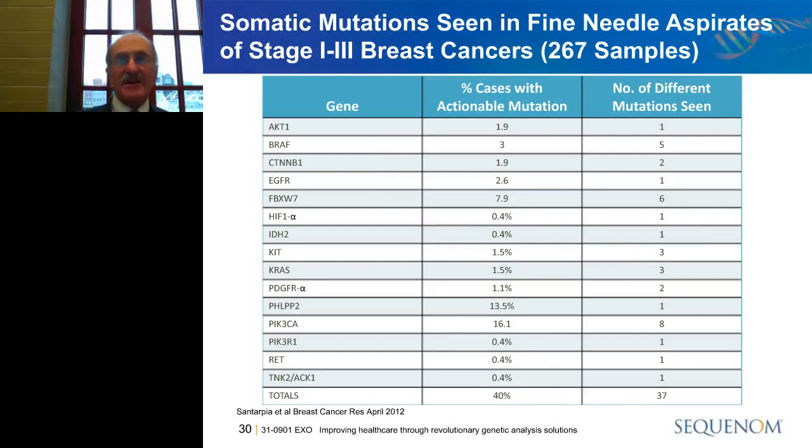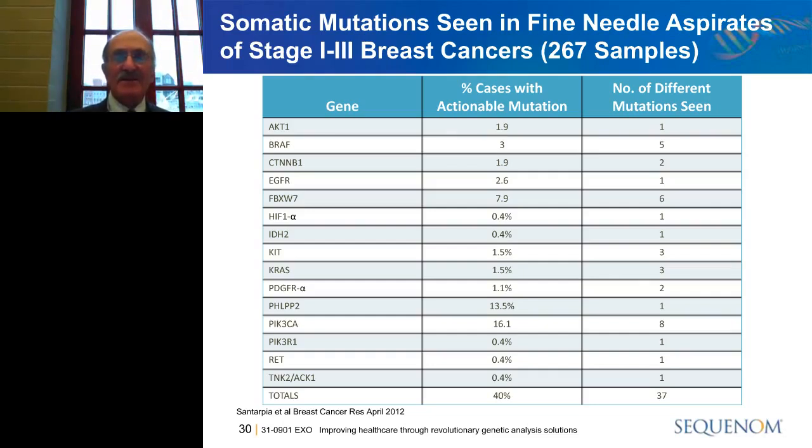So this is a study done using DNA mass spectrometry at MD Anderson Hospital and published last year. They were looking at women with breast cancer. These are invasive measurements, fine needle aspirates, and they looked at 267 samples with methods that had a sensitivity that was probably around 5%, okay?